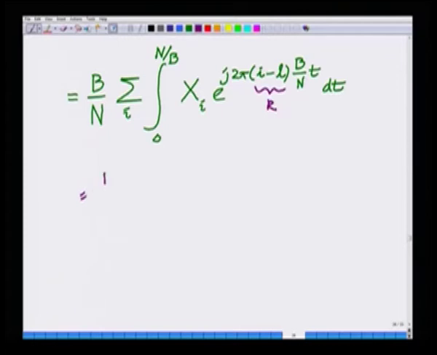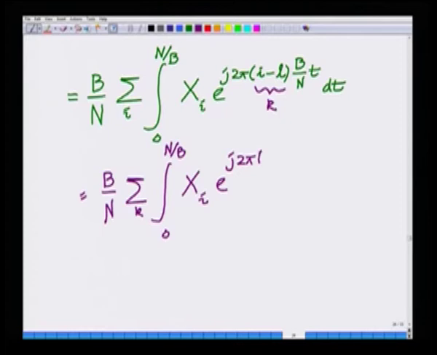In fact, this is equal to B over N summation i, 0 to N over B, or now that because I am calling that by k, it becomes x_k e to the power, or let me just let this remain as i, j 2 pi k f naught t dt, where f naught is now the fundamental frequency.